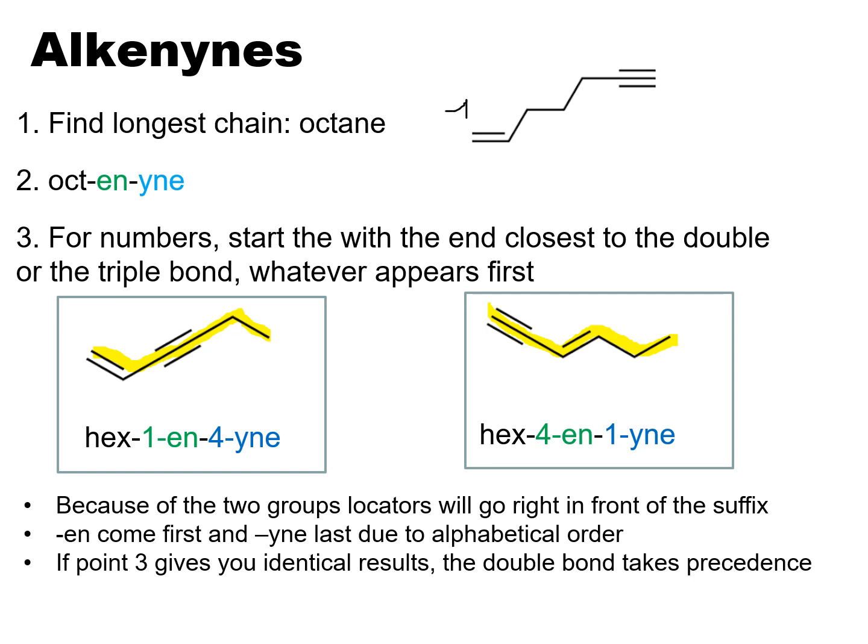Let's start numbering from here, in which case this would be 1, and then the triple bond would be 1, 2, 3, 4, 5, 6. So here the chain is a chain of 7, right? 1, 2, 3, 4, 5, 6, 7. So this would be heptane. If I start numbering like that, the double bond would have number 1, and then they would end up giving number 6 to the triple bond.